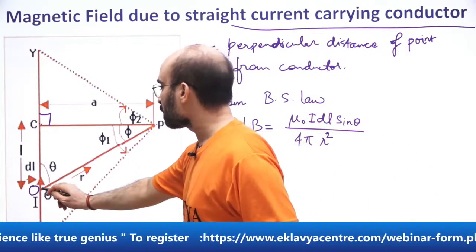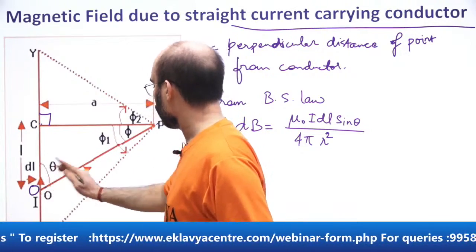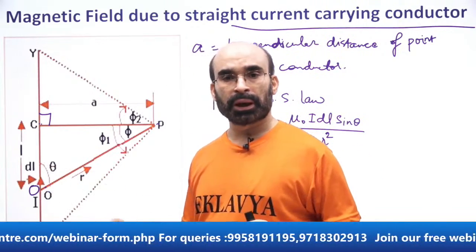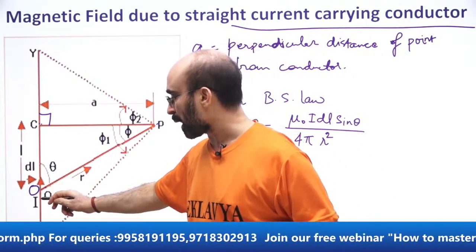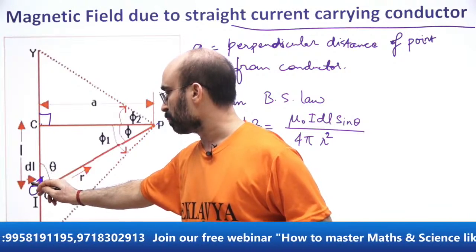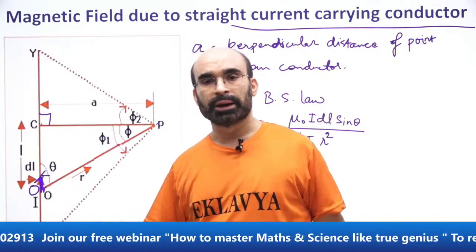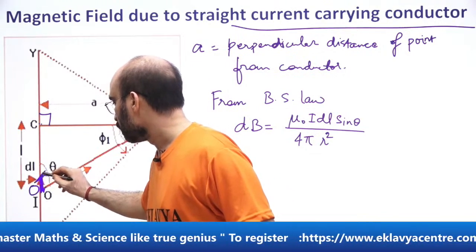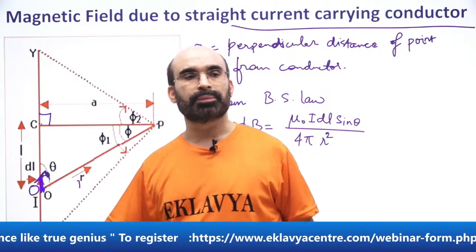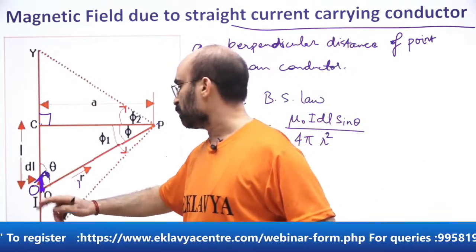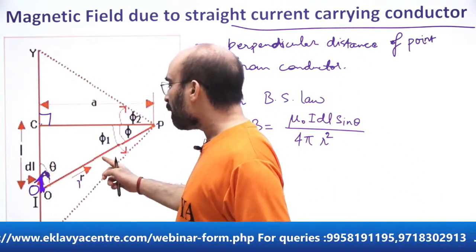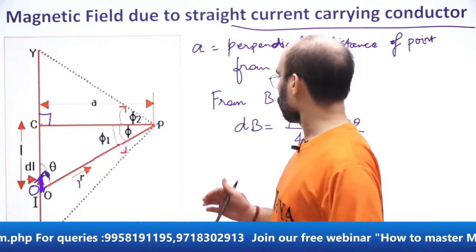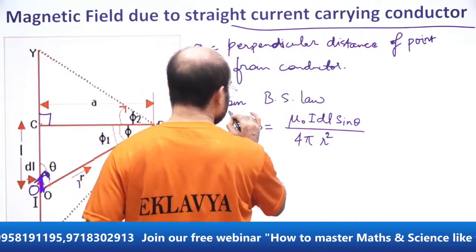What is r? r is OP. And this is theta. r is making some angle with idl. This is idl, the small segment of current element, right? This idl and r are making theta angle with each other. So that is clear. This is Biot-Savart law.